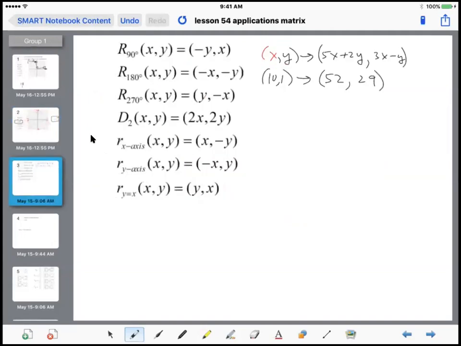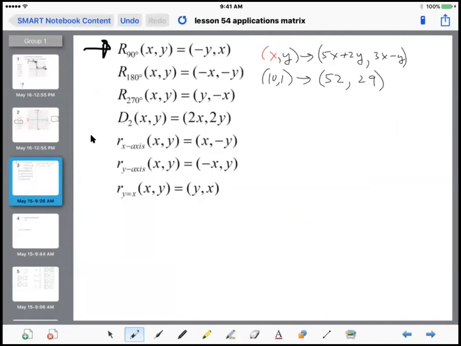You don't need to write these down, but here are the 7 transformations written in more general terms, not with (10, 1) but in general. If I take (x, y) and rotate it 90 degrees, it ends up becoming (-y, x).